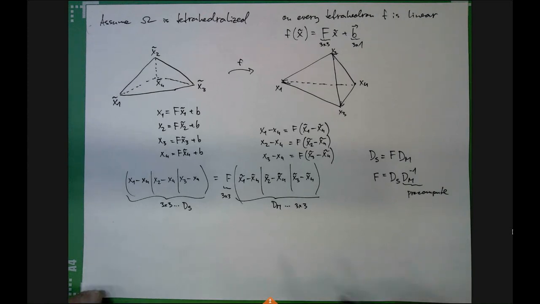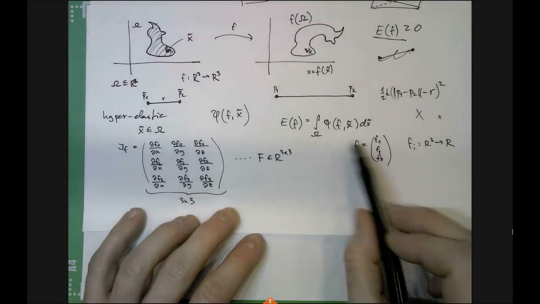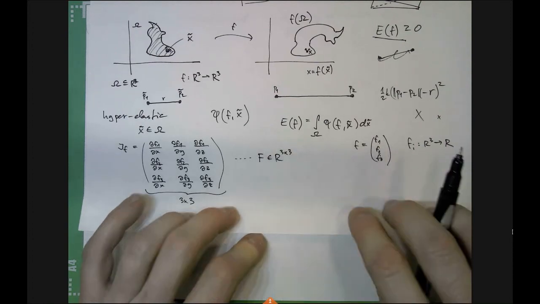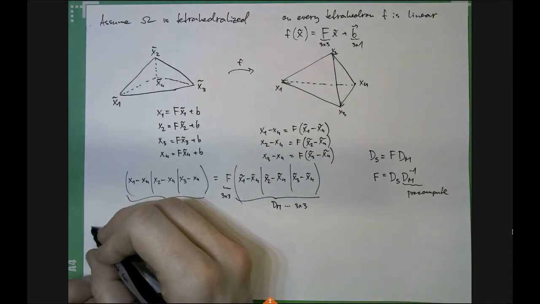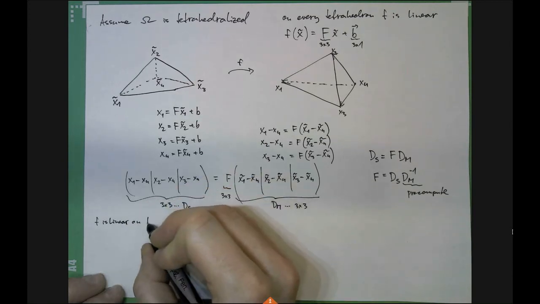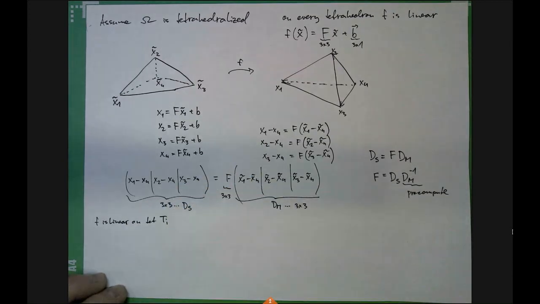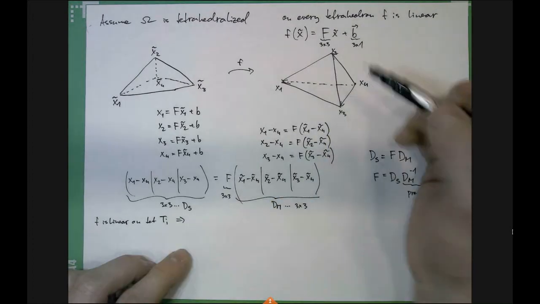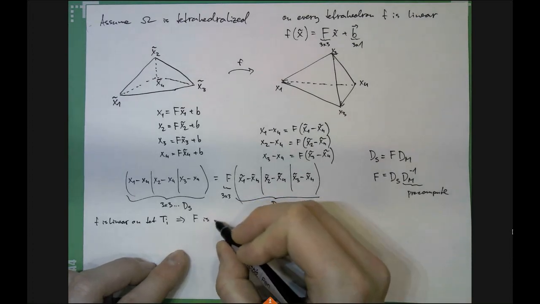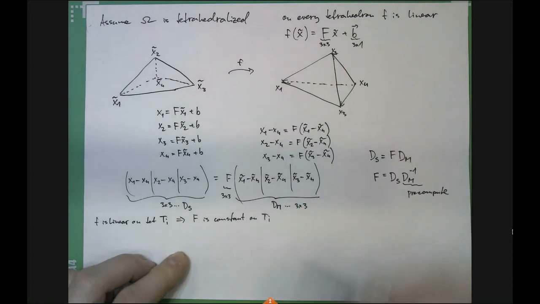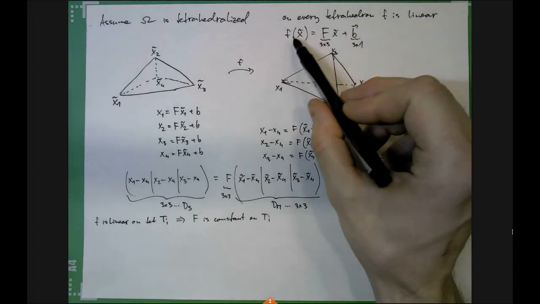Okay. So how does it tie back to this formulation? It actually ties back quite nicely. So take a look at this. Because the function is linear on my tetrahedron Ti, let's just call the tetrahedron Ti, that means that the capital F is constant on the entire tetrahedron, because I assume that f is a linear function.